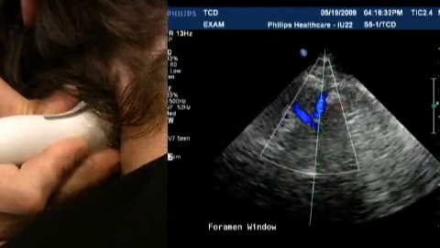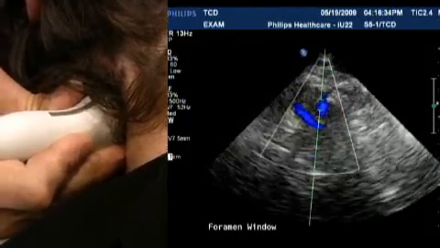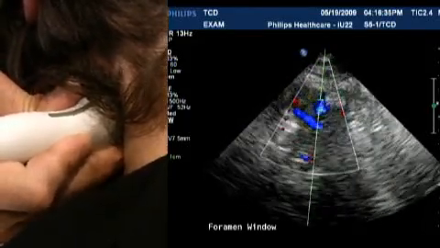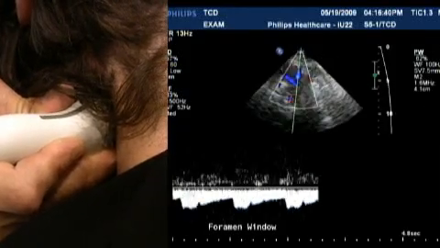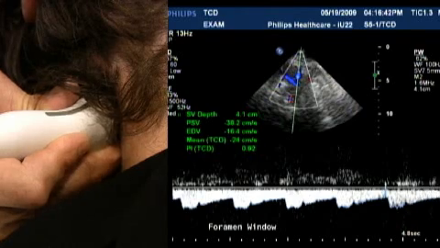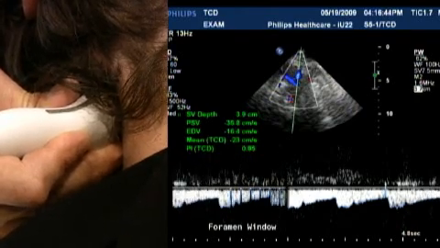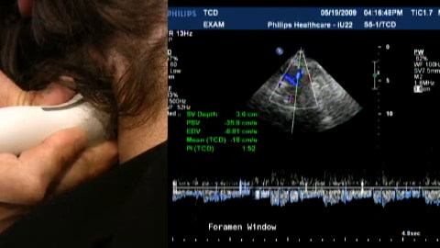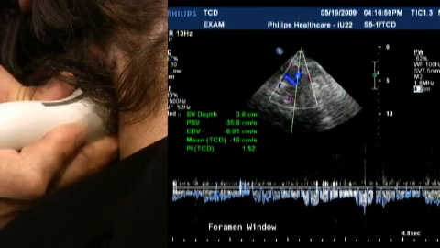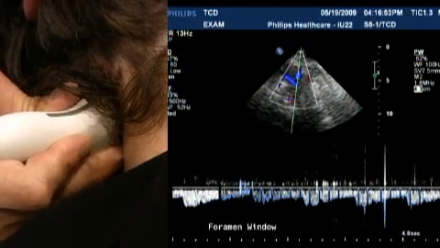So I'm going to sample the patient's vertebral arteries. This is the left artery. And we're beginning at a sample volume depth of about 3.6 centimeters, picking up the vertebral artery and following this distally.